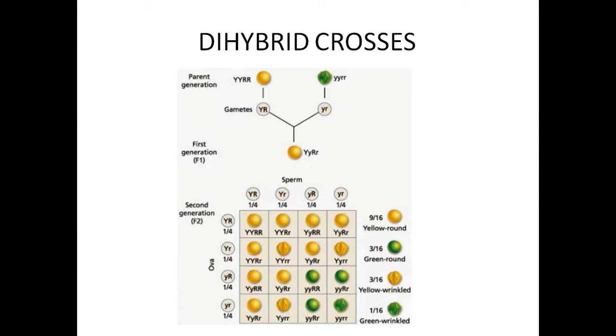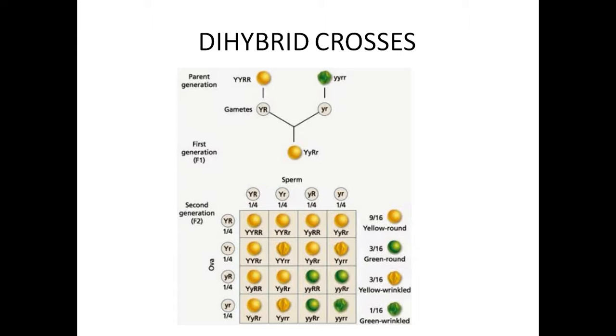Next we have the dihybrid cross. These are the parental generation. Capital Y, capital R, small y, small r, the parental generation in the dihybrid cross.